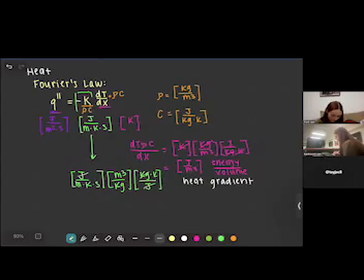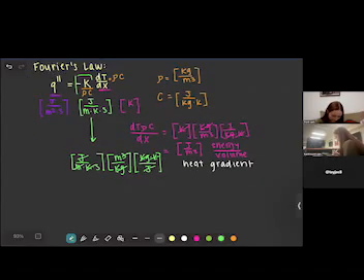We're going to cancel out our products, and we are left with meters squared per second. This is going to be our thermal diffusivity.